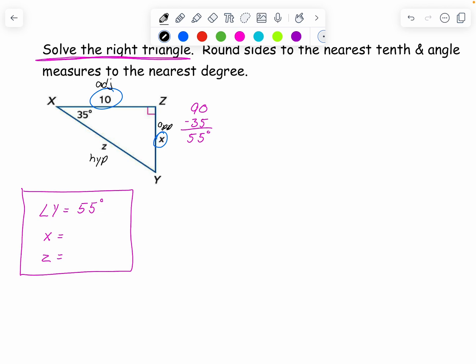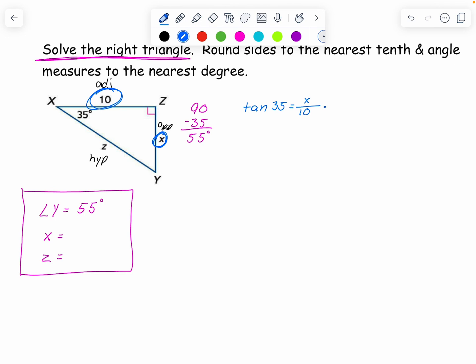Okay, so looking at what we have, we are finding the opposite, we know the adjacent, which means for this one we are not using the hypotenuse. So opposite and adjacent is tangent. So we're going to do tangent of 35 equals the opposite, which is x, over the adjacent, which is 10.